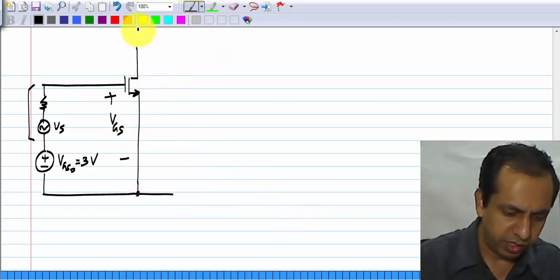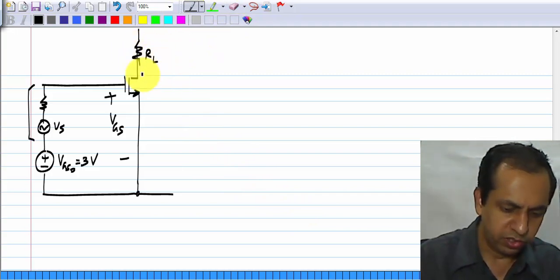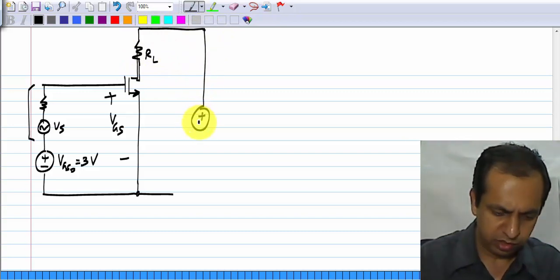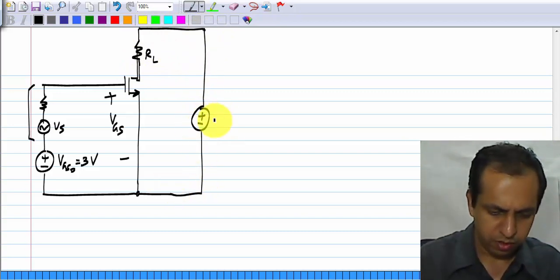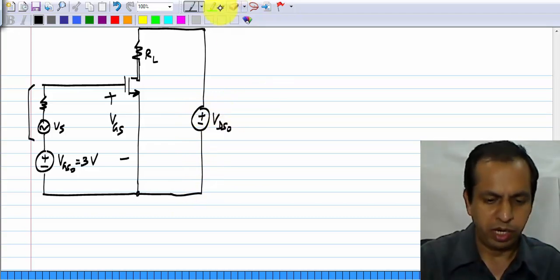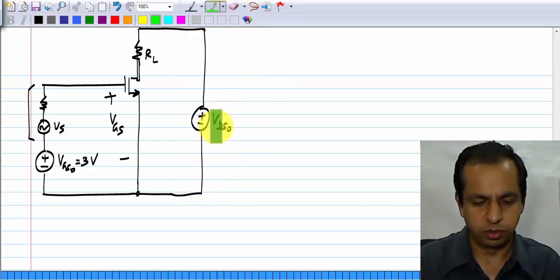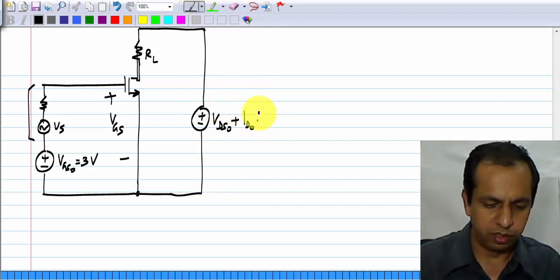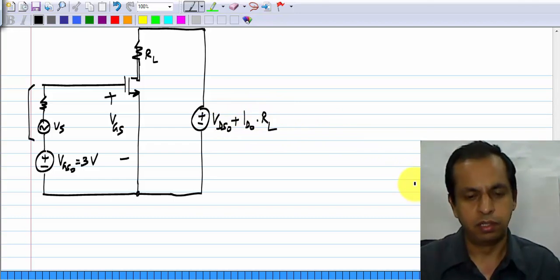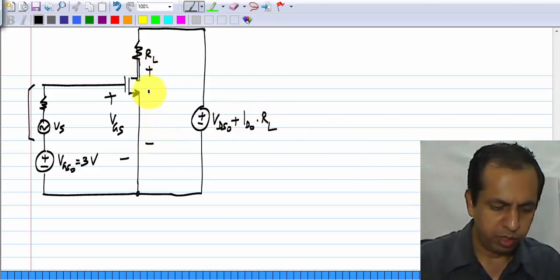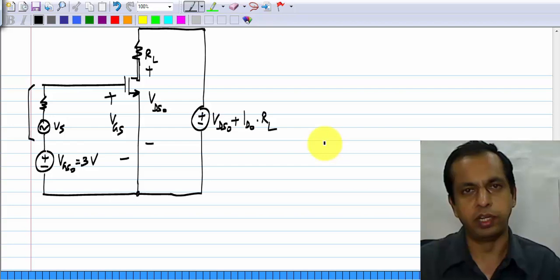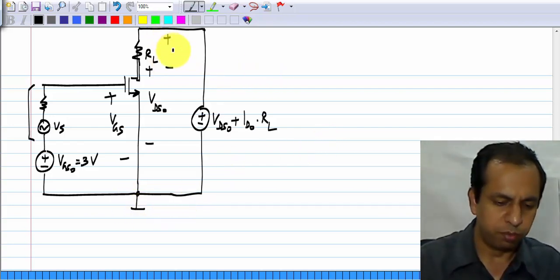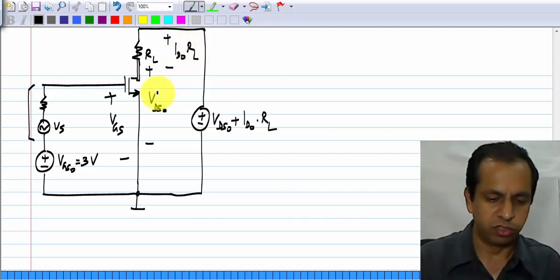And on the drain side, we have the load resistance in series with the drain, and we have to have a bias voltage which is VDS0 plus the operating point current times RL. This sets up an operating point of VDS0 between the drain and source of the MOS transistor and a DC voltage drop of ID0 RL across RL.